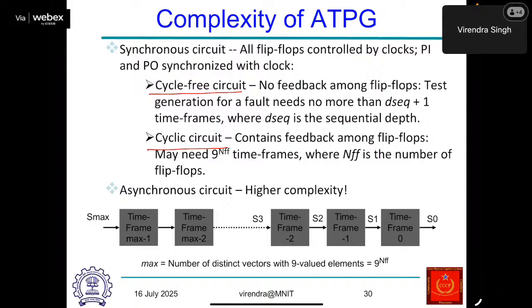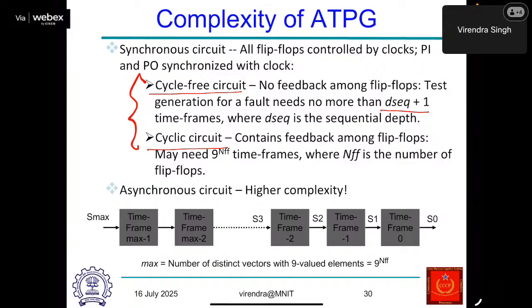So now how do we need to go through this, and how many time frames do I need? In a cycle-free circuit, the maximum number of times I may need to unroll my circuit or make a copy of my circuit is equal to the sequential depth plus 1.